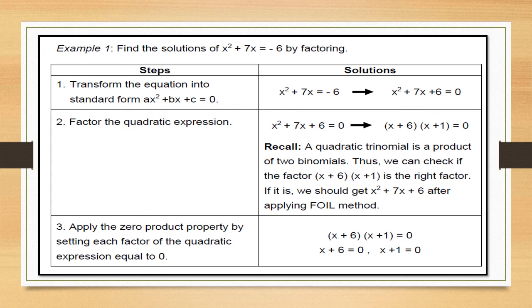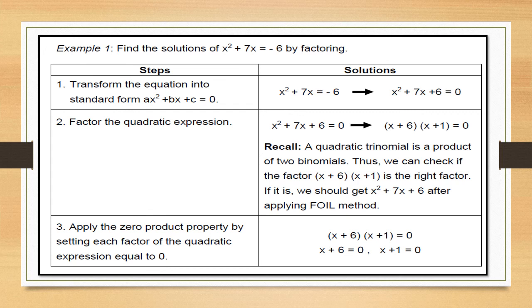That is the factored form of the given equation. Recall a quadratic trinomial is a product of two binomials. So we can check if the quantity of x plus 6 times the quantity of x plus 1 is the right factorization. If it is, we should get x squared plus 7x plus 6 after applying the FOIL method.